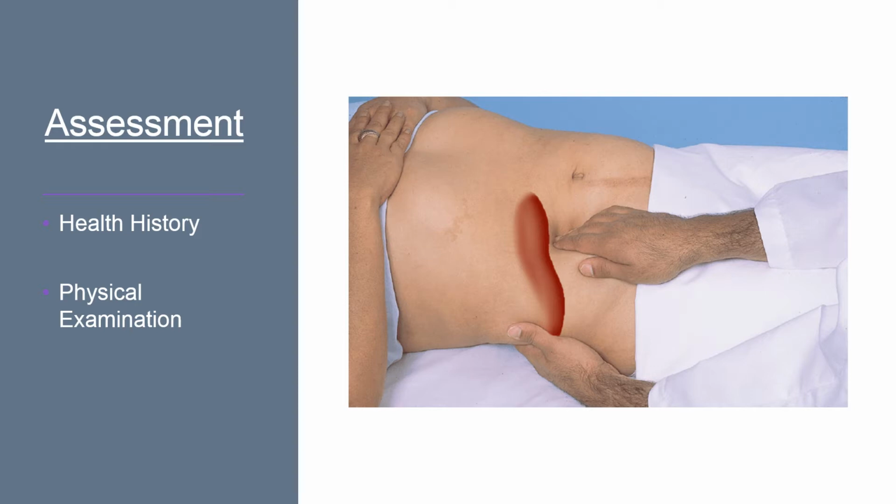So now that you've collected information regarding their health history, you want to proceed to the physical examination. To examine the liver, you want to palpate the liver for enlargement, tenderness. You want to palpate in the right upper quadrant over the liver.